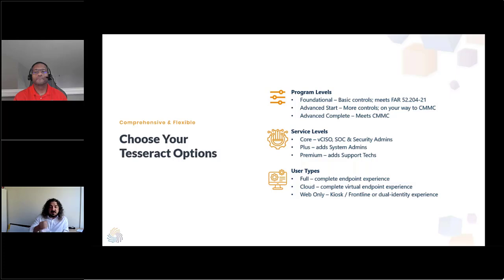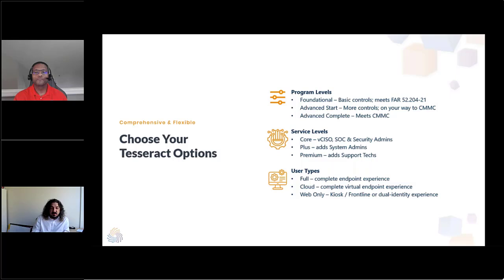We have what we call advanced start. This gives you more controls and makes sure you have all the documentation in place that you would need, but maybe we haven't implemented everything yet. So it's a mix between the CMMC level 1 requirements and a lot of the paperwork and planning that you need to have in place for your level 2 environment.